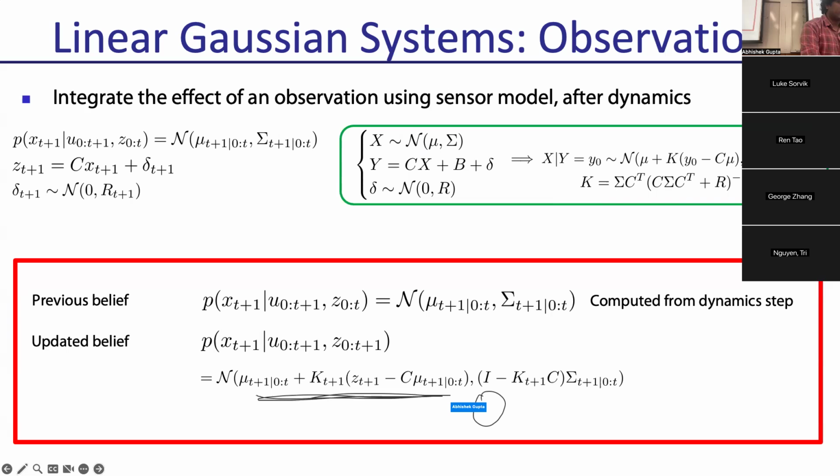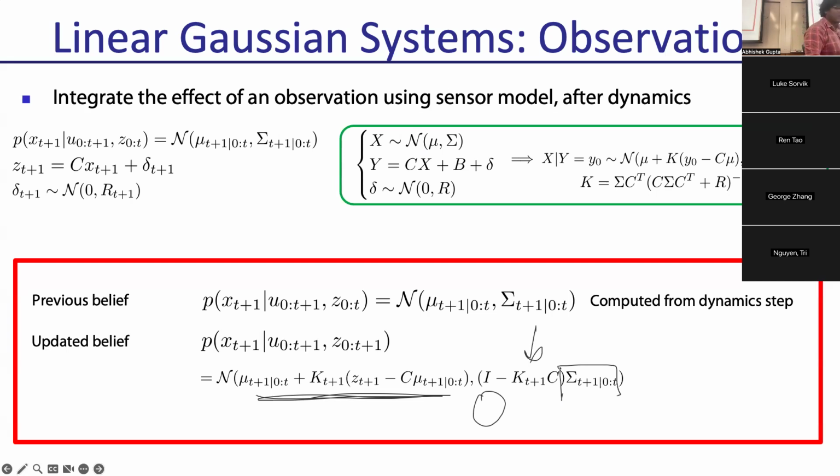And then the second step is that I'm going to take my previous variance and shrink it by a factor of I minus KC, right? So one way of thinking about this is, if K is 0, then the mean doesn't change, the variance doesn't change. If K is 1, then the mean shifts completely and the variance goes to 0, and everything else is in between, right?